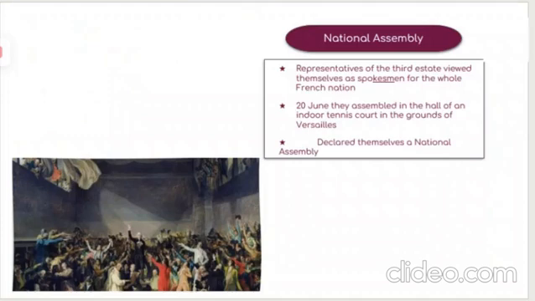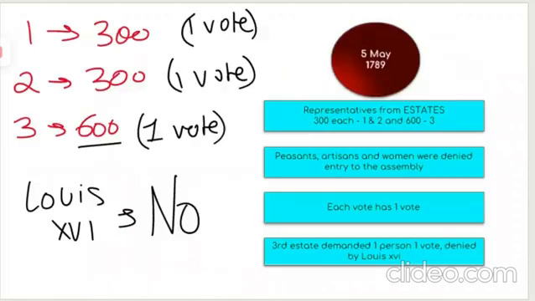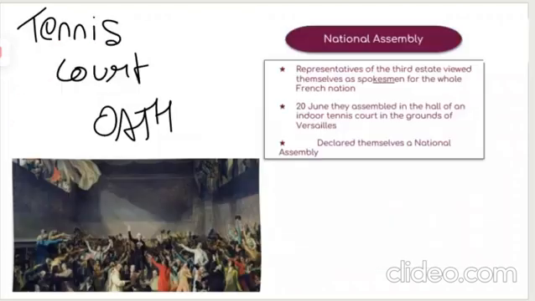Next comes the Tennis Court Oath. Let's understand that. After the assembly of 5th May 1789, when Louis XVI had rejected the third estate, the peasantry went away in anger.